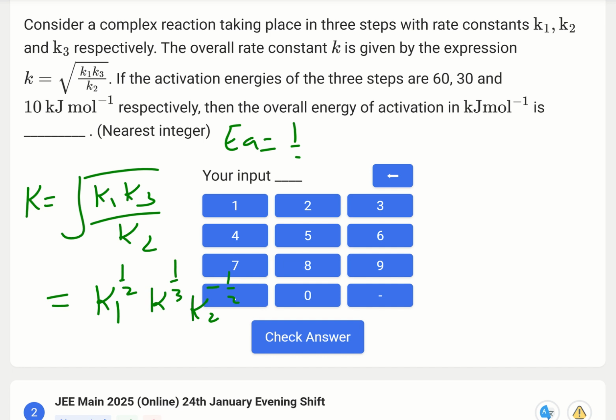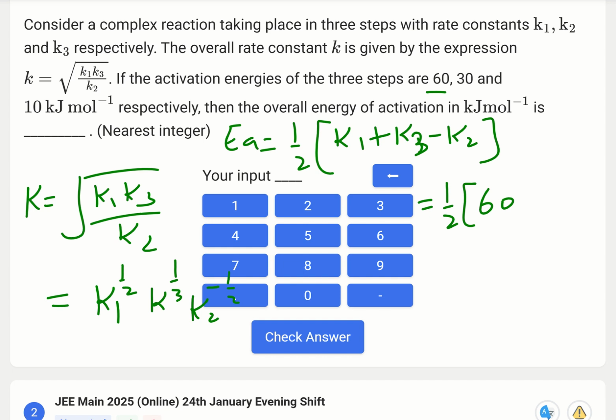Then Ea is half into (Ea1 plus Ea3 minus Ea2). Value of K1 is 60, value of K2 is 30 and value of K3 is 10, that means plus 10. So 60 plus 10 is 70, minus 30 is 40. 40 by 2 means 20.